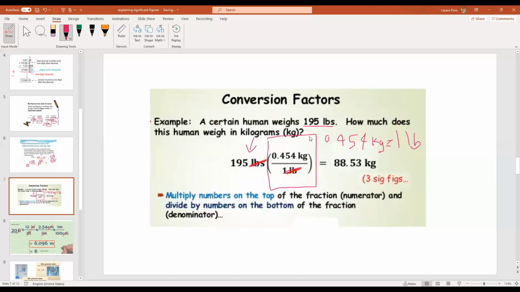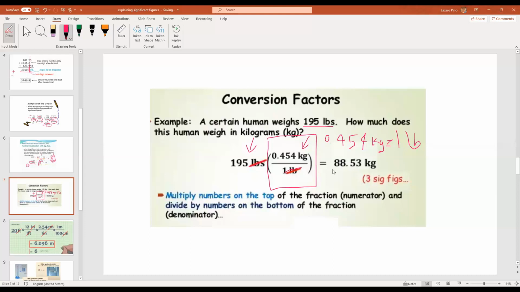And then you will obtain the wanted, or the asked, unit on the top of this factor. Then you multiply 195 by 0.454 and divide it by 1, and you get this big number.